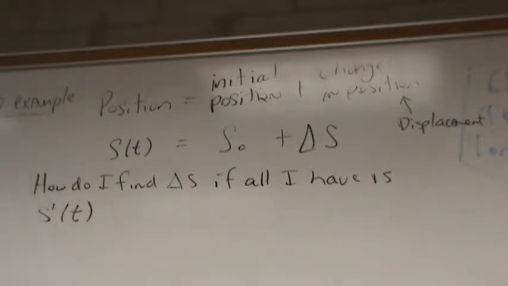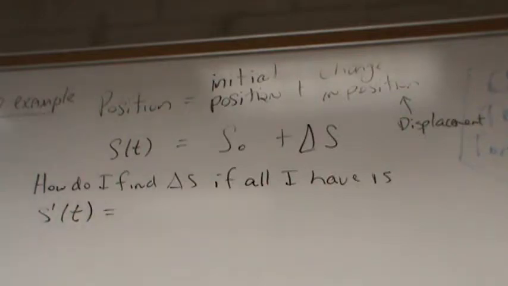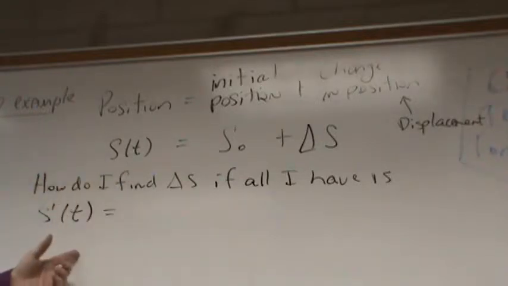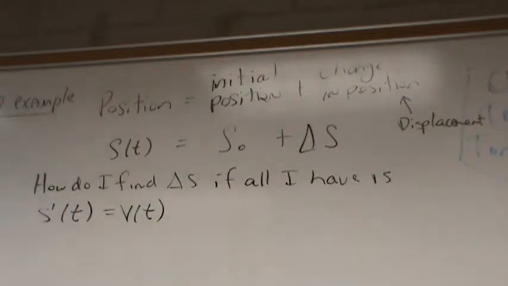All I have is S prime of t. Generally, if S of t is my position function, what's the derivative of my position function? Yeah, v, velocity. Exactly. So I want to talk about where I am, but all I have is a formula for my velocity, not a formula for S of t.